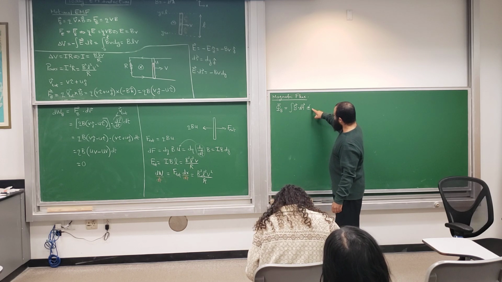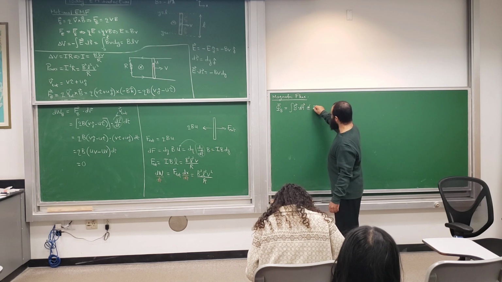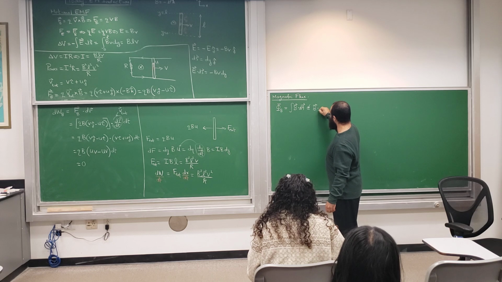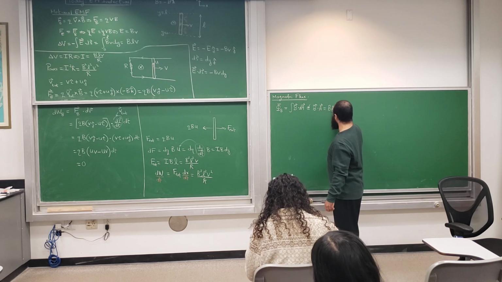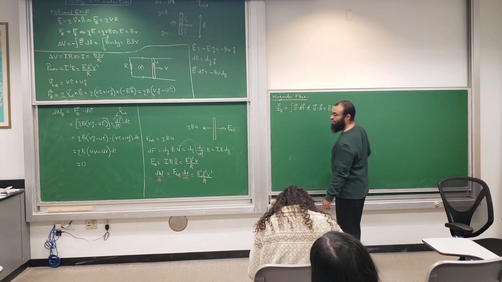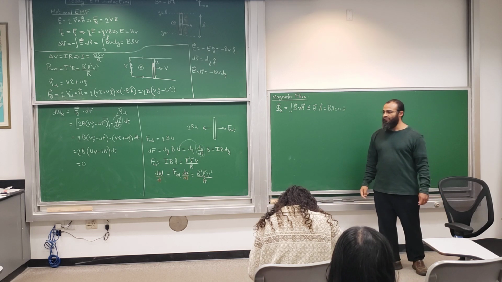So for an open integral, if the magnetic field is uniform throughout the area, then this reduces to just B dot A. And that's BA times the cosine of the angle between the area and the magnetic field. Okay.